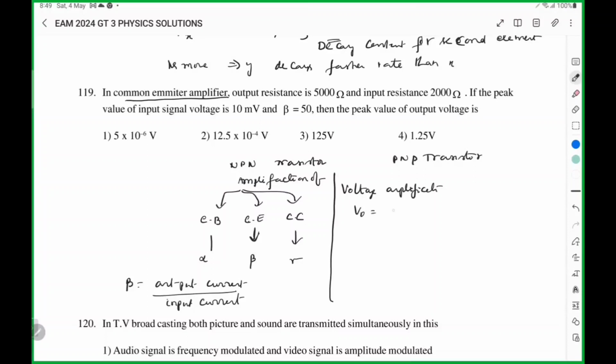The output is beta into R output by R input. That is 10, R output is 5000 by 2000. So it is 125 units.